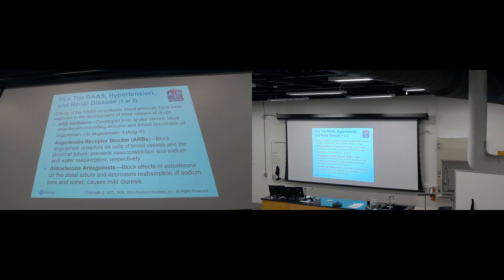And now, some people have this RAS system chronically active, and the person will have hypertension. So with this hypertension, of course, the person will have risk of having a stroke, for instance, and then you have to control these hypertensions.